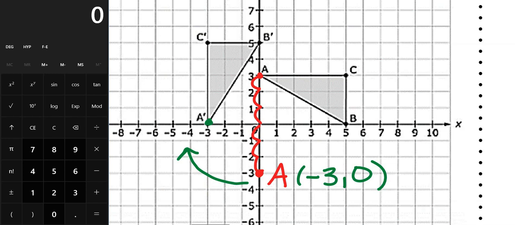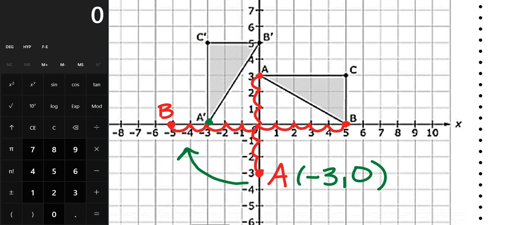Just as a quick recap, if I were to take point B and reflect it across the x-axis, it wouldn't move. It would still be here at 5, 0. If I then reflect it across the y-axis, then I would count 1, 2, 3, 4, 5, then go 5 again, 1, 2, 3, 4, 5, and I end up here for B. After that, I have to go clockwise 90 degrees.